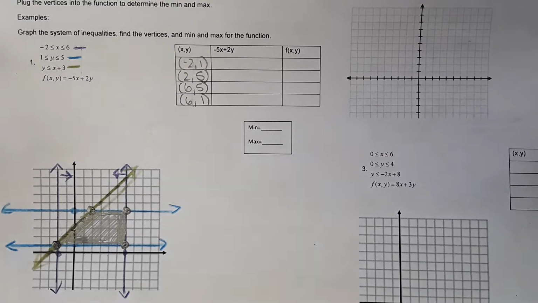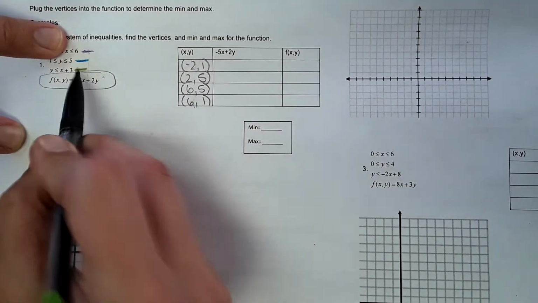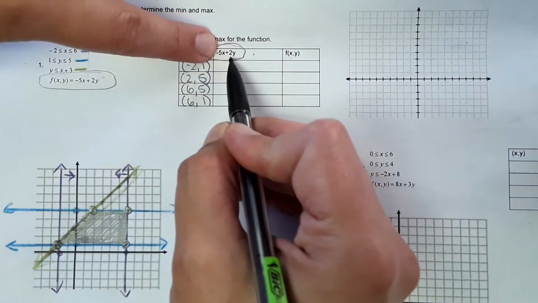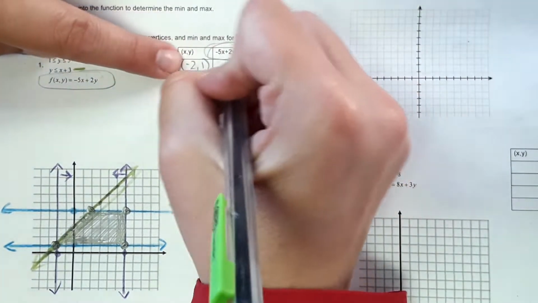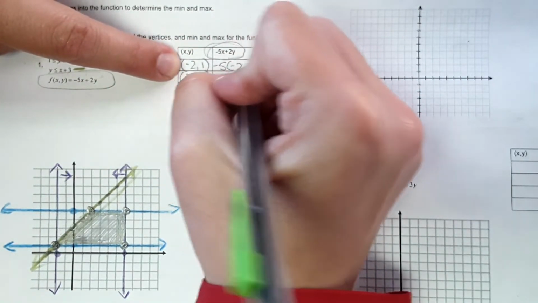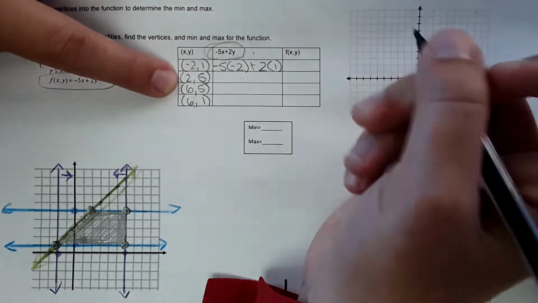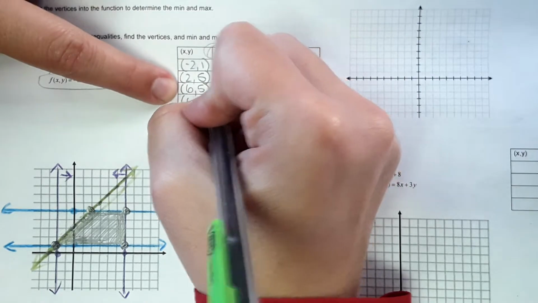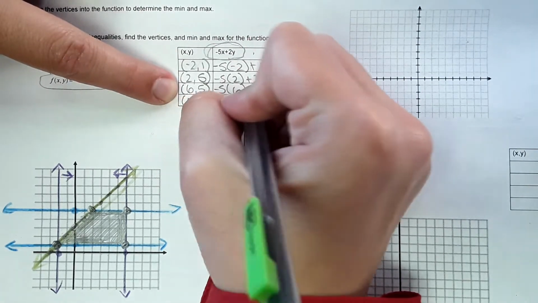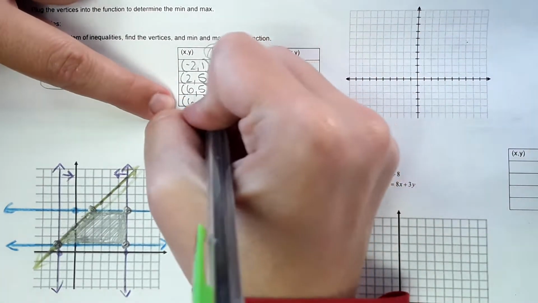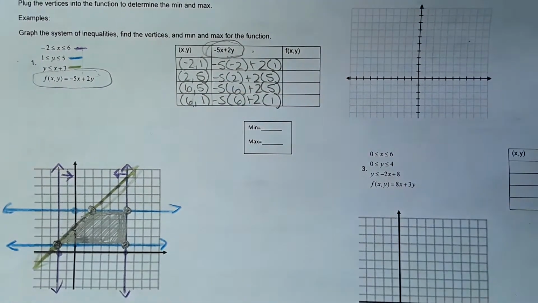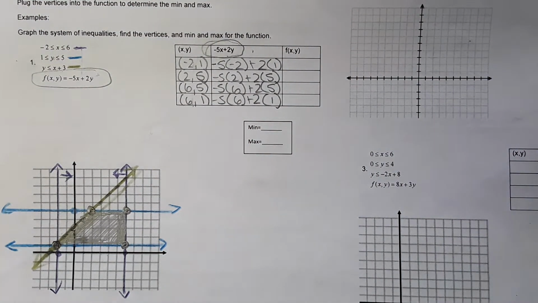Okay, next step. So this function right here is also the function right here. We're going to take these coordinates and plug them into that expression. So I'm going to write it out like this, and then solve each one of them.